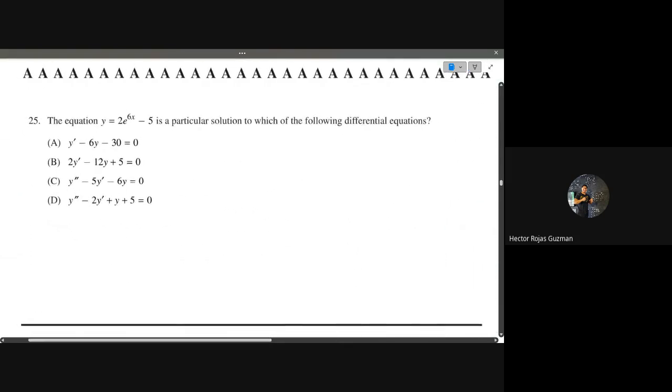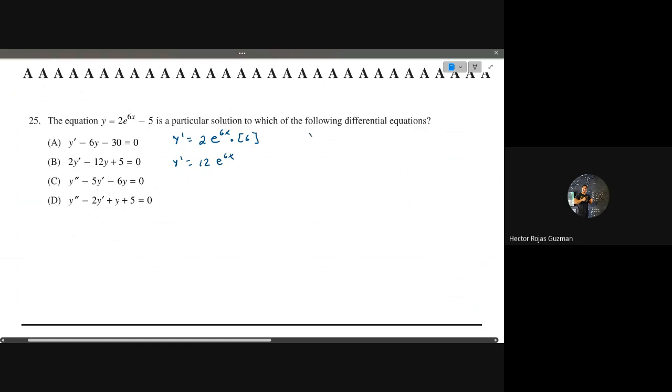Okay, 25. The equation is a particular solution to which of the following differential equations? Okay, this question is a guess and check type of question. We are going to have to find the derivative, though. The derivative here is 2e to the 6x times 6, which simplifies to 12e to the 6x.